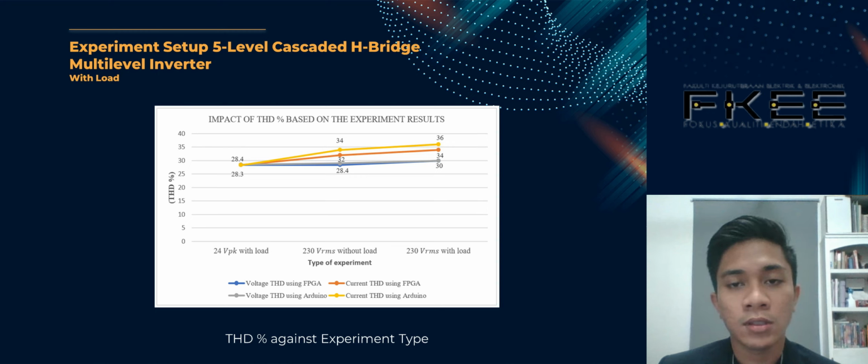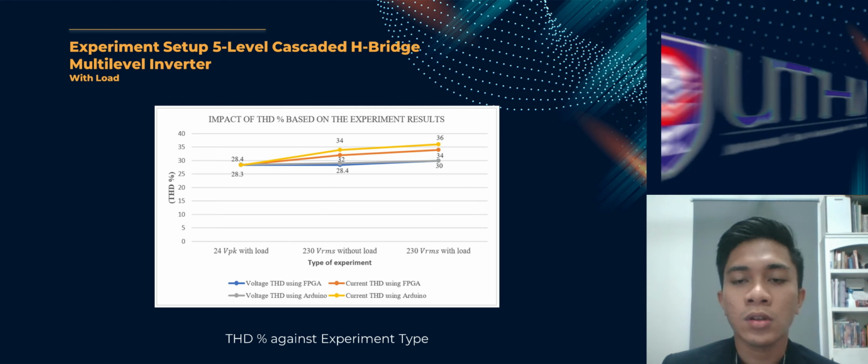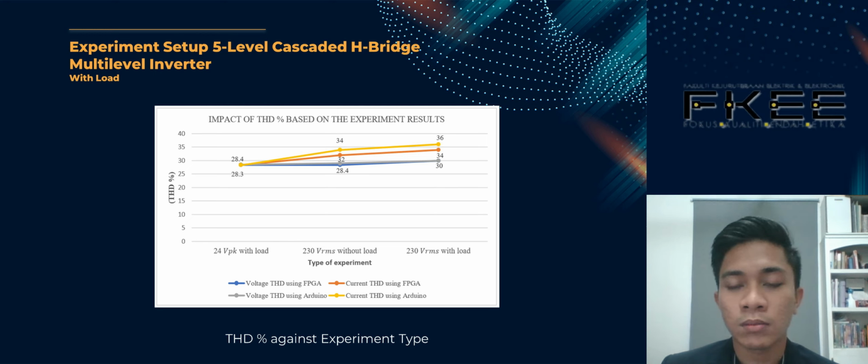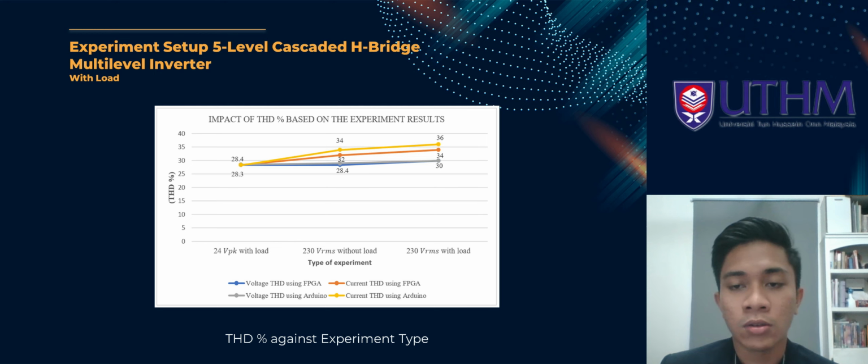As we know, the FPGA can produce up to 50 Hz, but the Arduino is capped at only 60 Hz of frequency. But after we did the experiment, we can see here that the THD percentage of both microcontrollers has the same result, between 36 and 34% when we connected with the load.